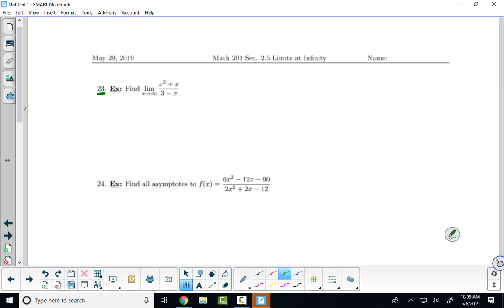Are we going to have a horizontal asymptote? What do you think? Folks, what's happening to my numerator? It's getting large positive. What's happening to my denominator? It's getting large negative. It's a tug-of-war match.